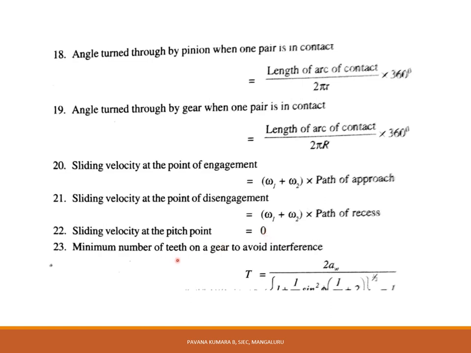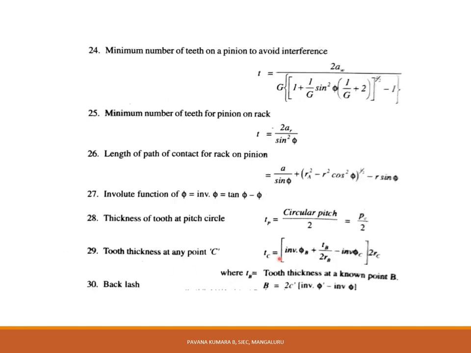Next, minimum number of teeth on gear to avoid interference. We already found it with the help of that derivation, that is the direct formula. So this is nothing but capital T. You have to remember this formula to find the minimum number of teeth on gear to avoid interference. Minimum number of teeth on pinion to avoid interference is the same, that is capital T, this is small t.